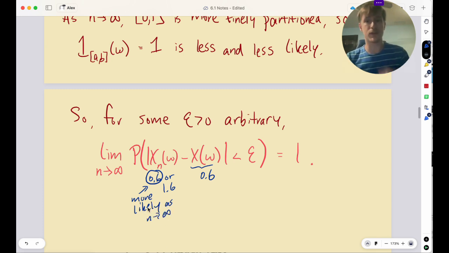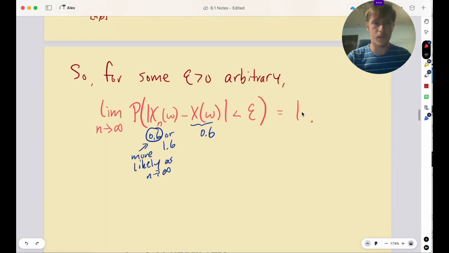So basically, for some n onward, I can guarantee that this will occur infinitely many times. What we can say is that I'm taking 0.6 minus 0.6, which is 0. Epsilon is clearly always going to be bigger than 0, so it really doesn't matter what epsilon is. So Xn converges to X in probability.